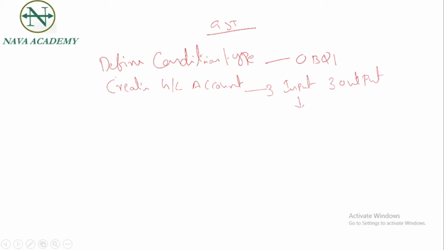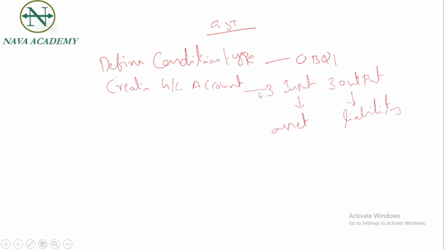What is input? Input is an asset, under the asset group. Output is your liability. Okay.